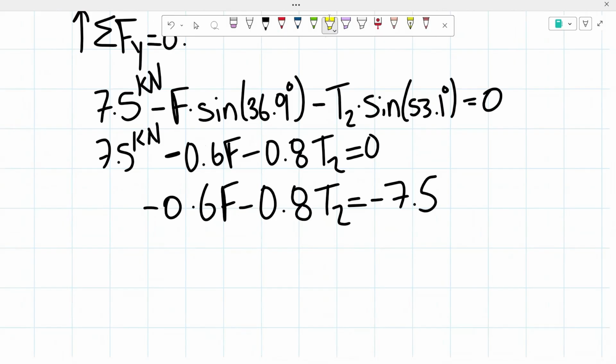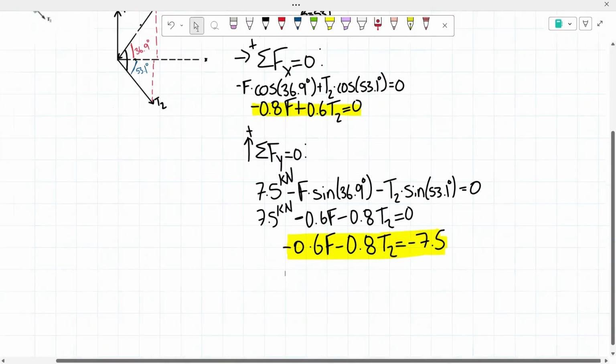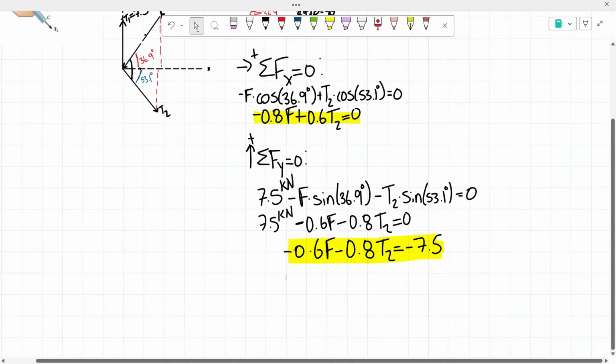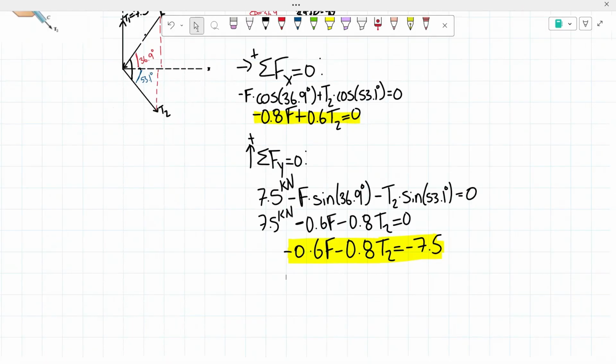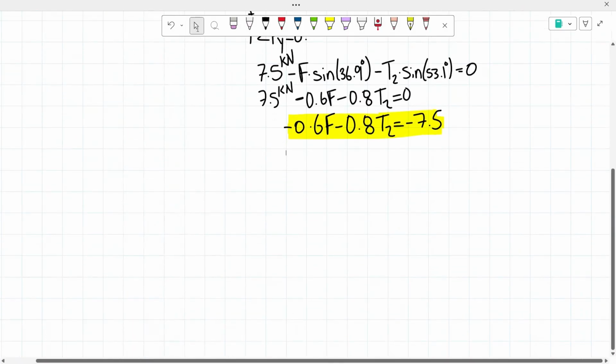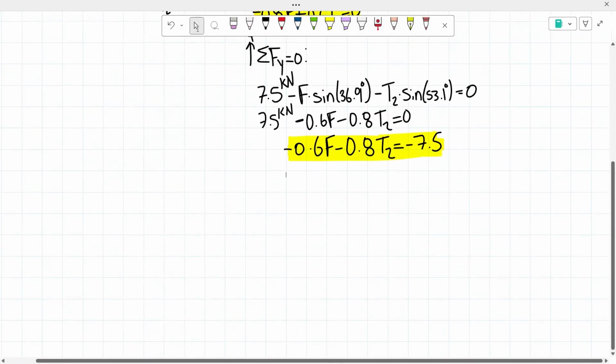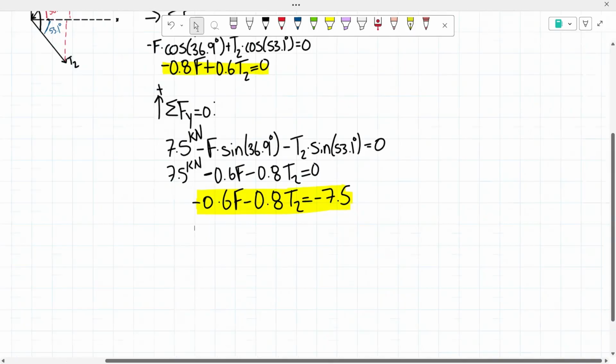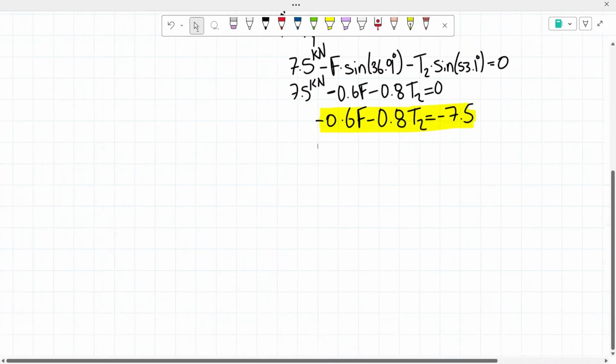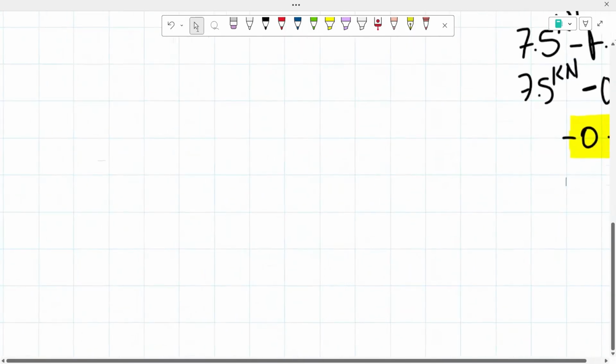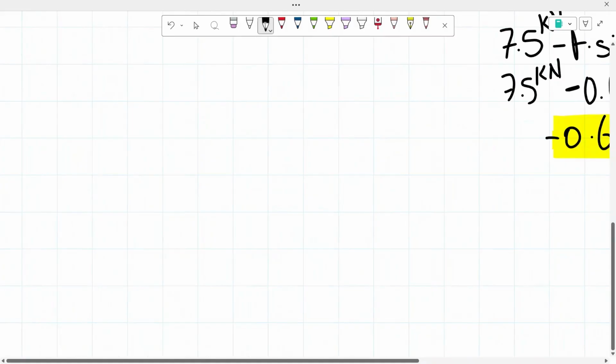So now that we simplified our y equation completely, you're basically just going to solve this by using either systems of equations, or you could input it into your calculator, which is what I like doing to save us some time. So if we were to put those two equations together, you would get something like this.